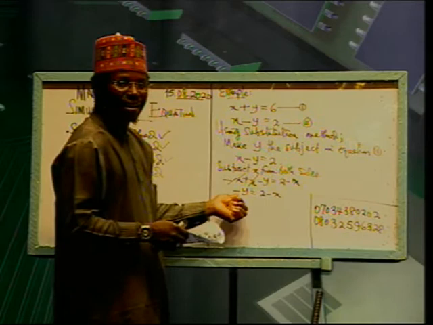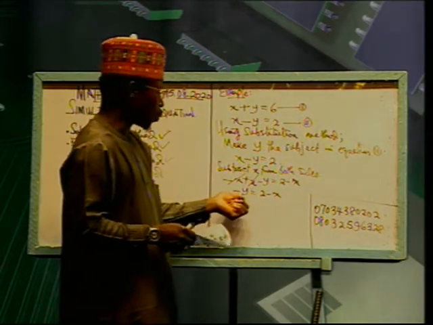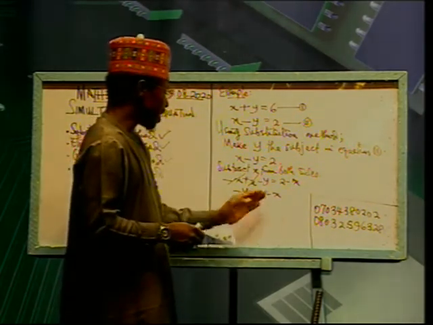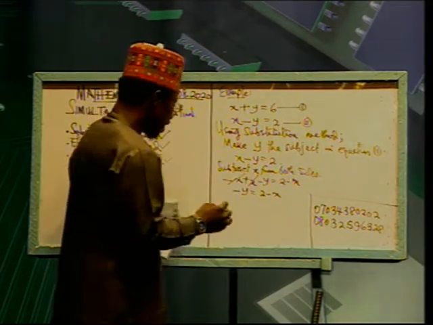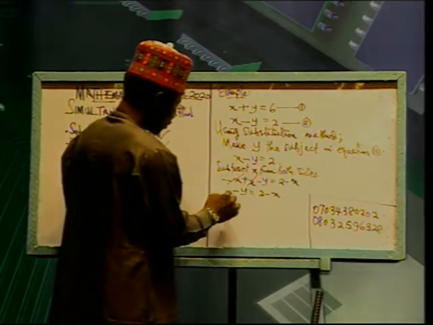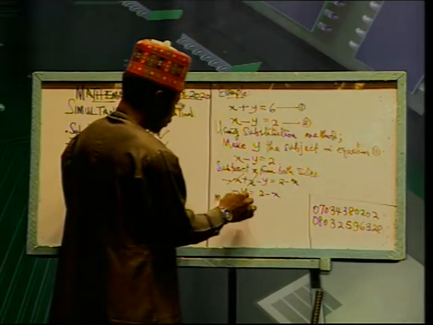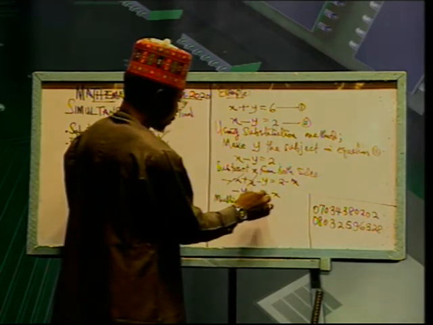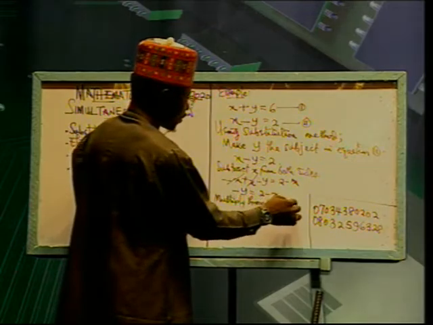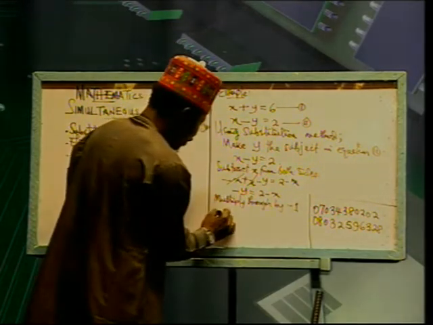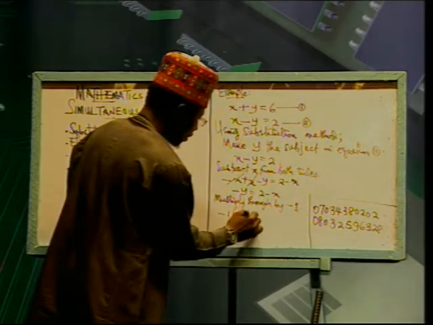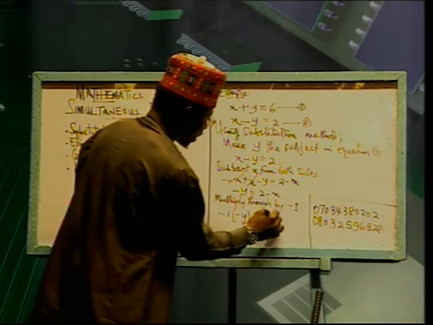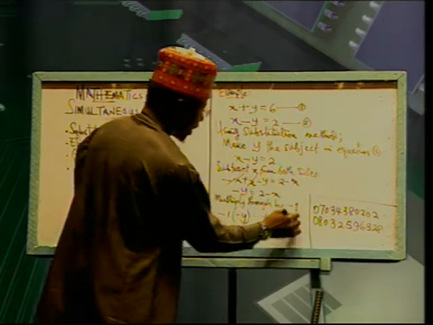So we can multiply through by minus 1, the right hand side by minus 1, and the left hand side by minus 1. So you have minus 1 multiplied by minus y equals minus 1 multiplied by 2 minus x.